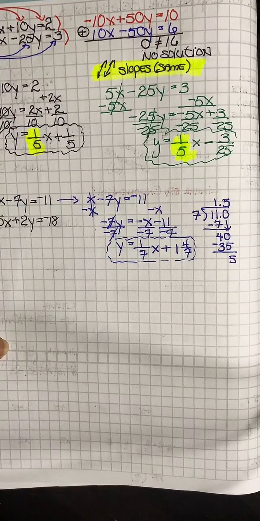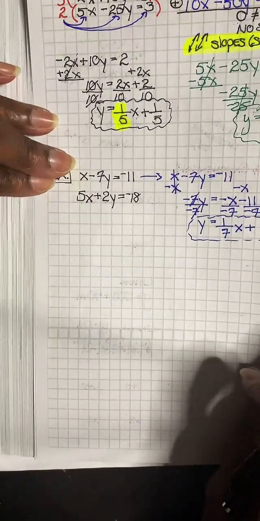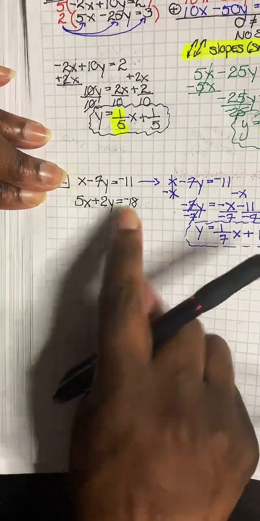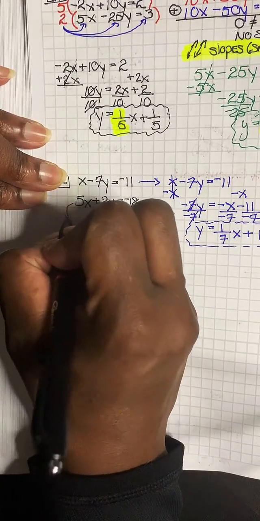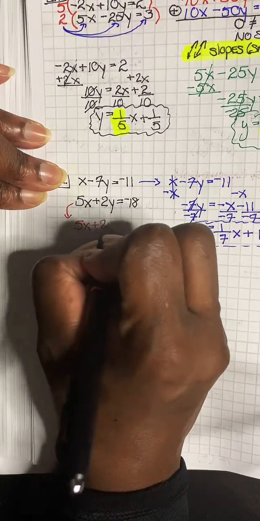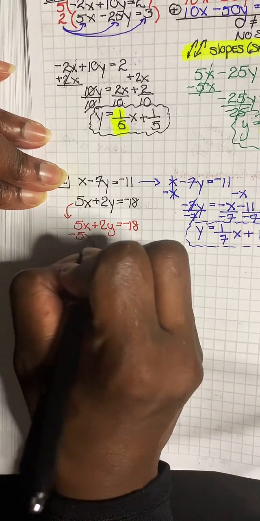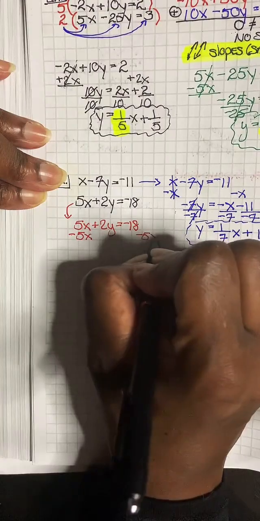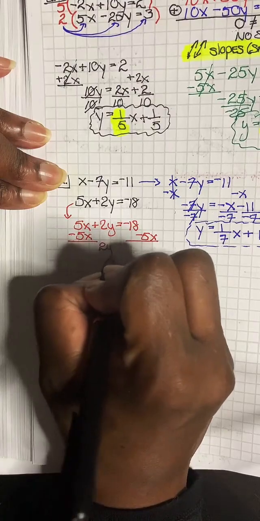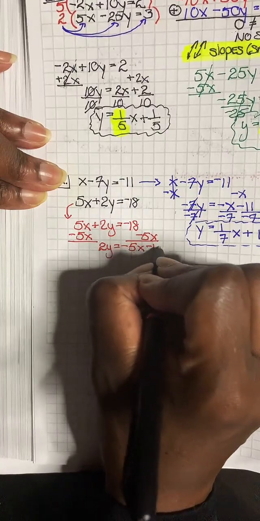So now, we have to do the other equation. So the other equation is our 5x plus 2y equals -18. We're trying to solve that equation for y. So the first thing I should do is subtract my 5x. Then you have your 2y is equal to -5x minus 18.